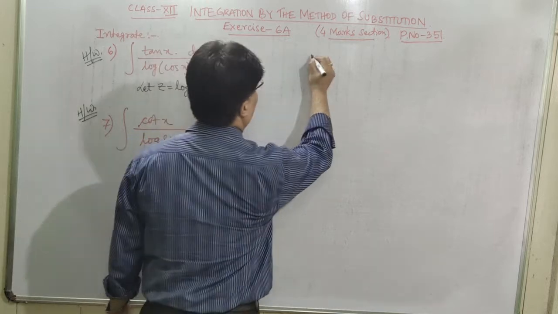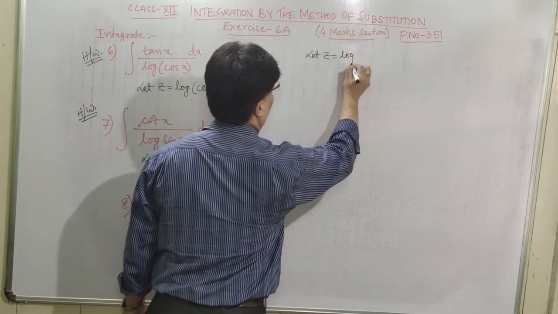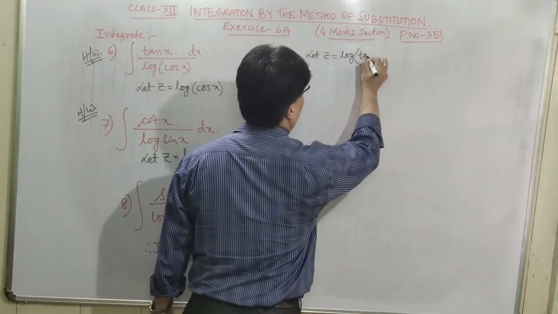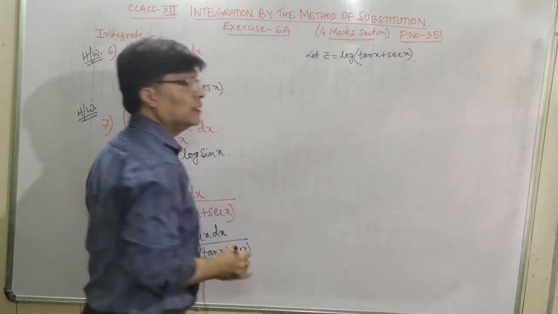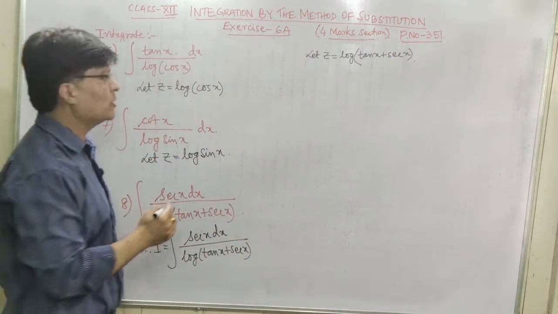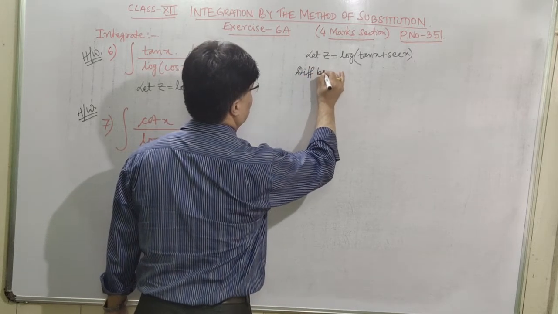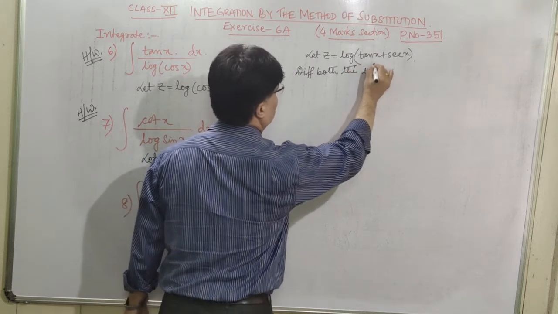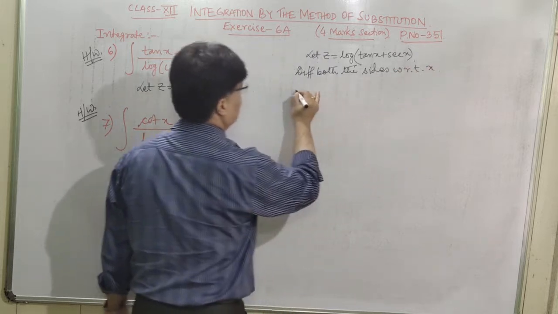So let z is equal to log of tan x plus sec x. Let us differentiate both sides with respect to x.